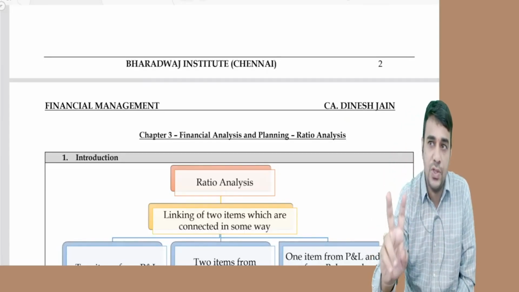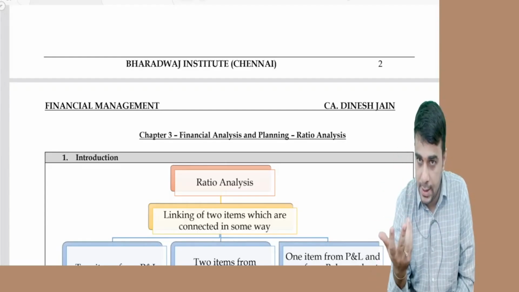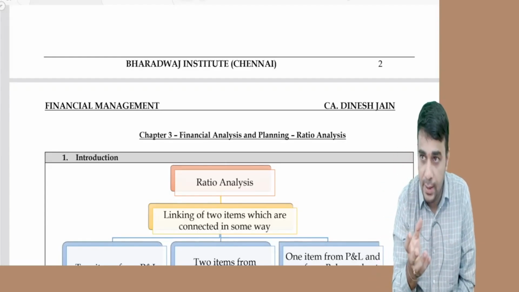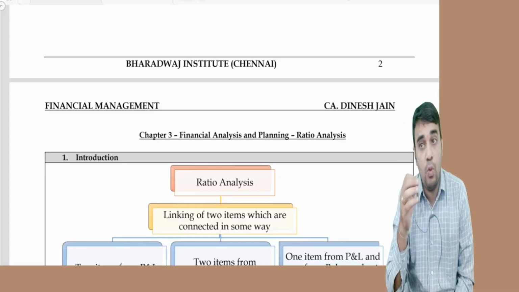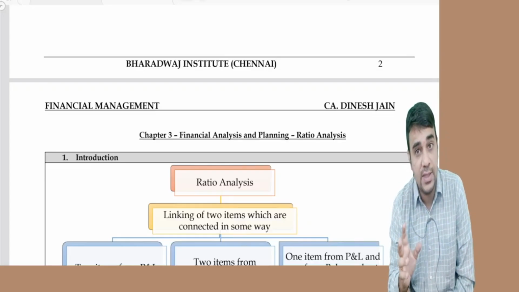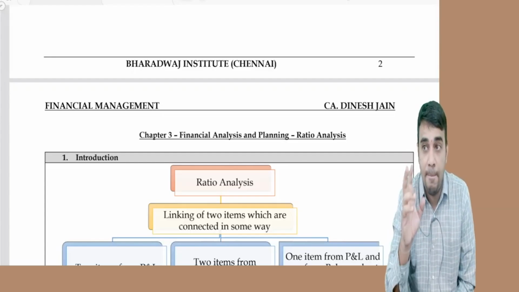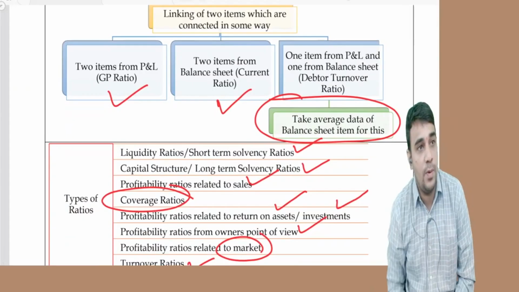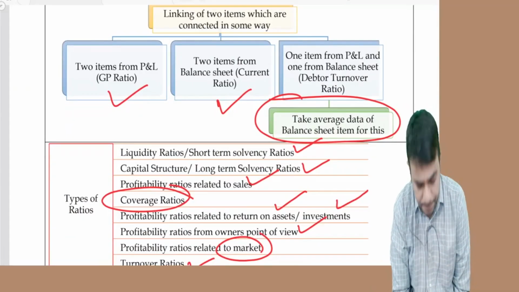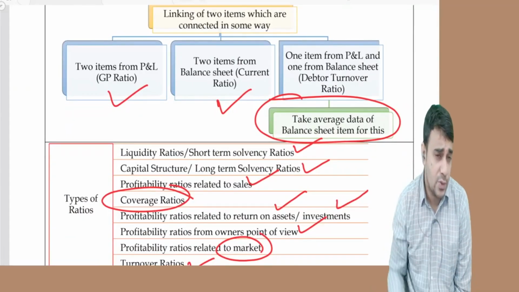We understood ratio is linking of two items. They could be from P&L, they could be from balance sheet, or one from P&L and one from balance sheet, in which case we take average for the balance sheet item. First category we saw was short term solvency ratio. Current ratio: current assets by current liability.